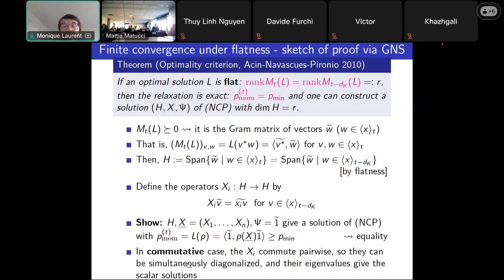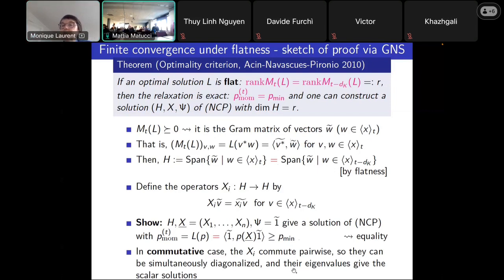So they can be simultaneously diagonalized. And the eigenvalues are going to give actually the scalar solution to the original polynomial optimization problem in the commutative case. So what I am trying to explain here is that if you do this proof in the non-commutative case, then this also gives you a proof for the flatness theorem in the commutative case.